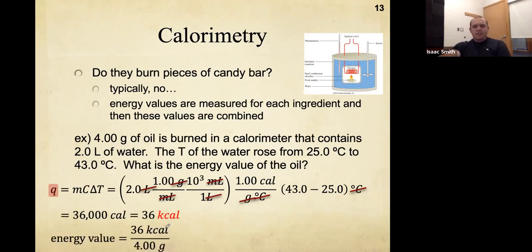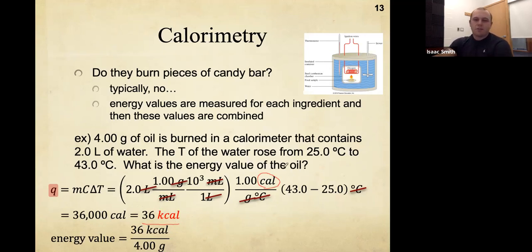Energy values, it kind of depends what the question's asking for, but if the answer choices are all in kcals per gram, then you have one final step, right? Because this only gives you an answer in kcals, okay? So if you cross out all the units, you're left with calories, which is 36,000 calories, which if you then convert it to kcals would be 36 kcals.